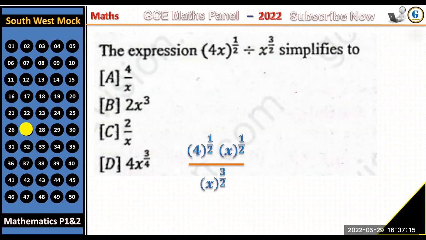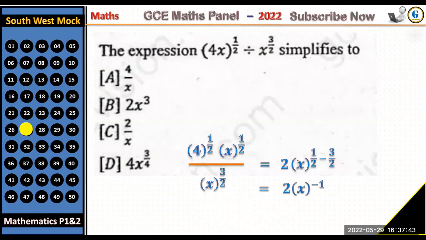Now 4 to the power a half is equal to 2, right? And x to the power a half divided by x to the power 3 on 2. When we are dividing indices with the same base, we can subtract the powers. So this will give us x to the power a half minus 3 on 2, which is x to the power minus 1. So we have 2 times x to the power minus 1, which is the same as 1 over x. So we have 1 over x times 2, which gives us 2 over x.